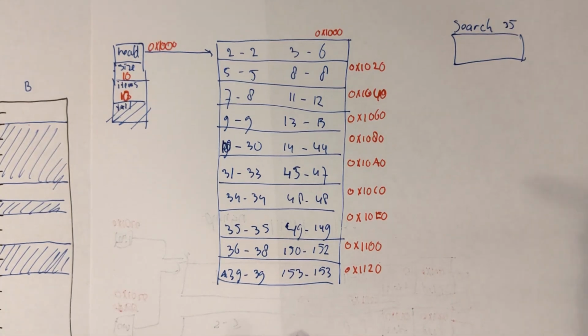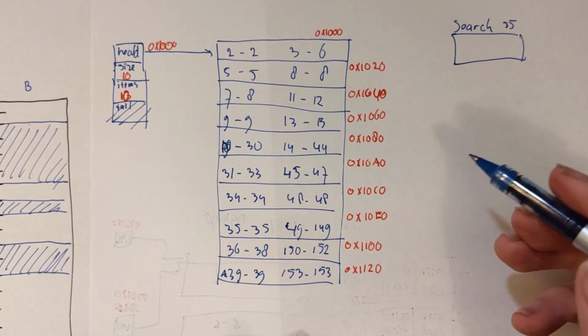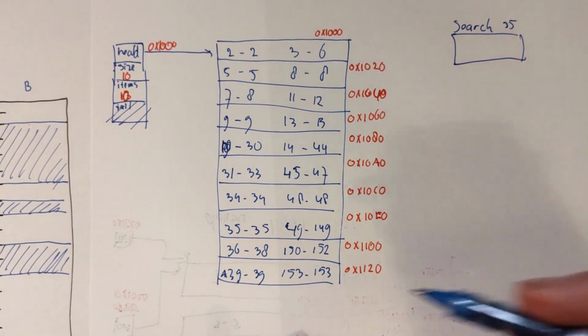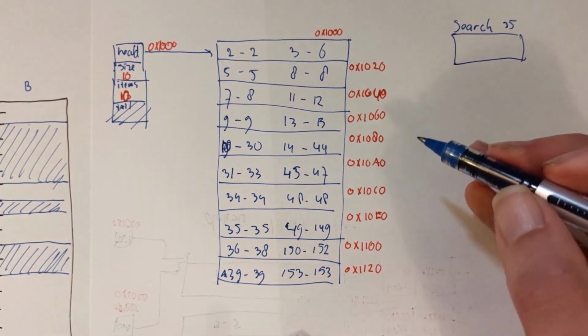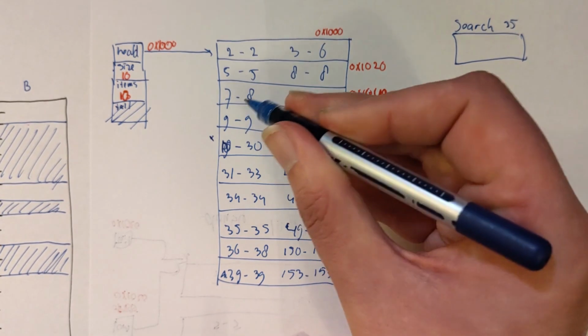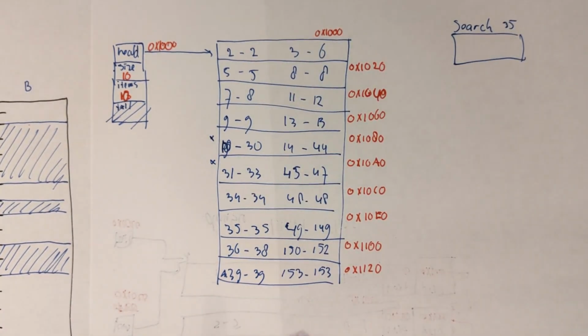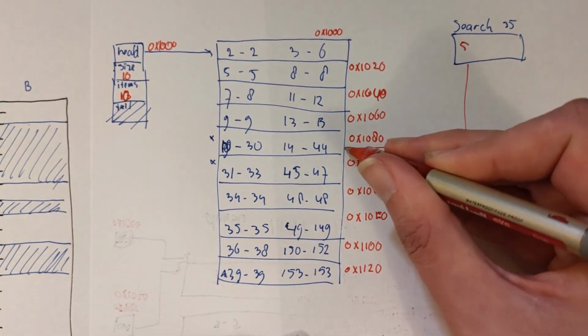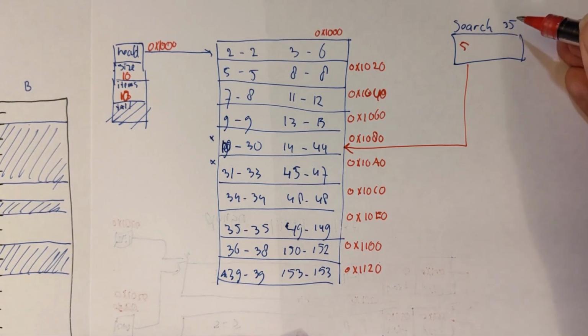The way you do a binary search is you start with the middle, which in this case, because there's 10, there's no middle. It can either be element 5 or 6. In this case, let me pick 5. So we start with the number 5, and we want to search for 35.